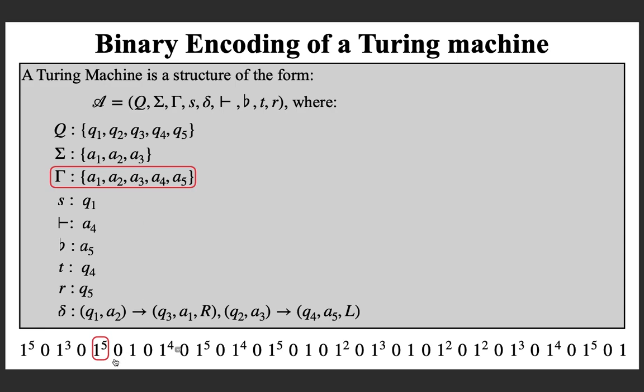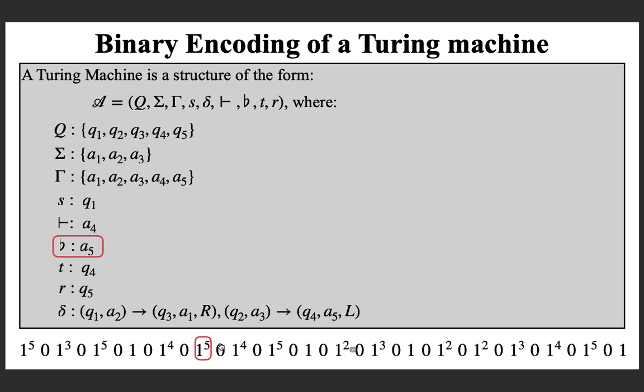Then after a 0 you have the start state, which is 1, means the first state is the start state. Then after a 0 you have the left hand marker. Now you are saying the 4th alphabet here is the left hand marker, which is correct. Now after a 0 you have the blank symbol. You are saying that the 5th symbol on the tape alphabet, which is A5, is the blank symbol. Yes, which is also correct.